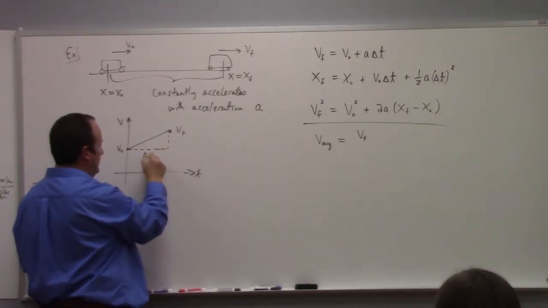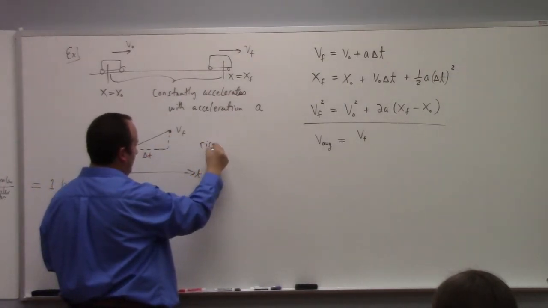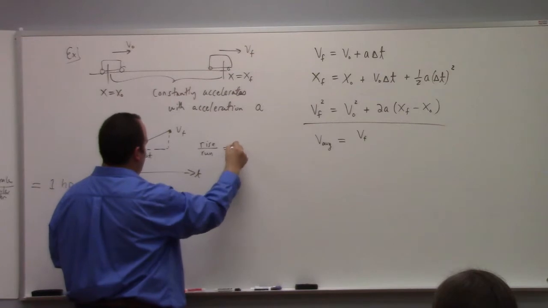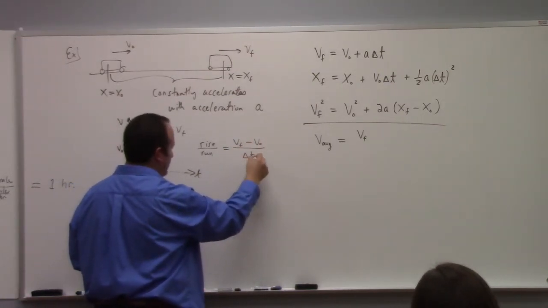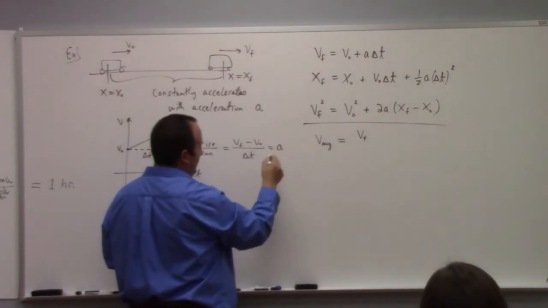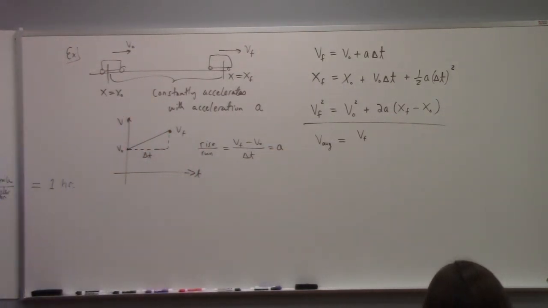This is delta t. This right here, the rise over run, is what? Vf minus v naught over delta t. What is this? This is acceleration, right? Now, that's not a new equation. We already had it at the top. Those are the same equations, just written in a different way, but that's sometimes an important way to look at it.